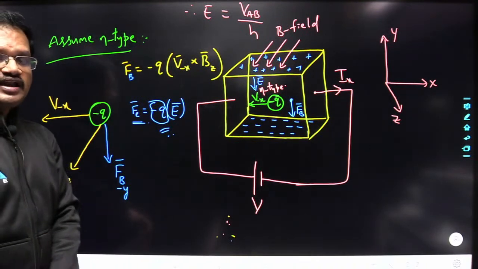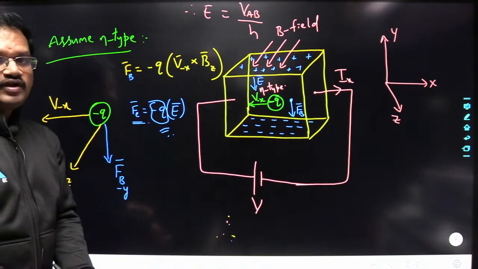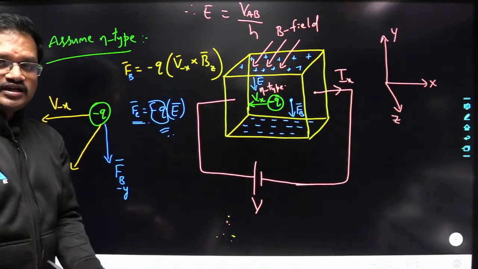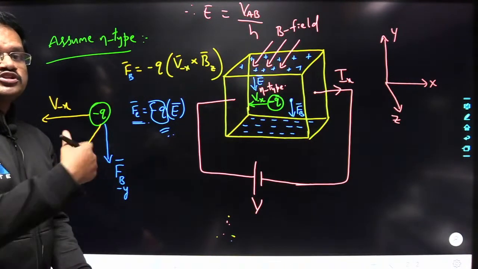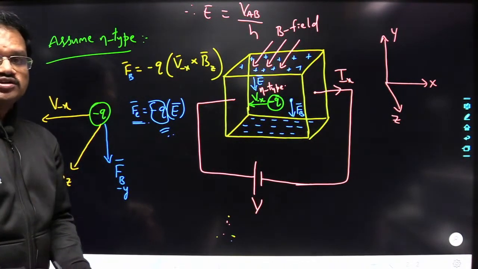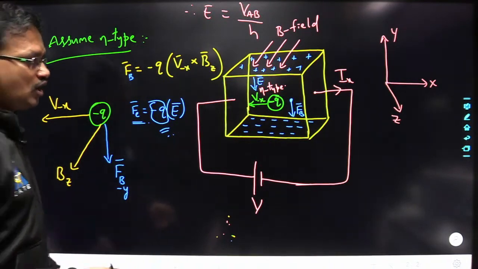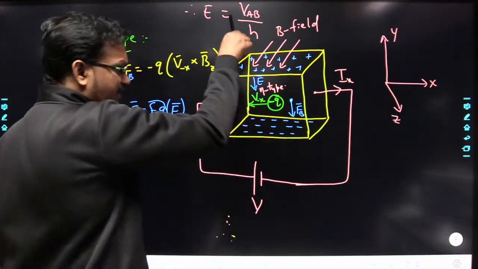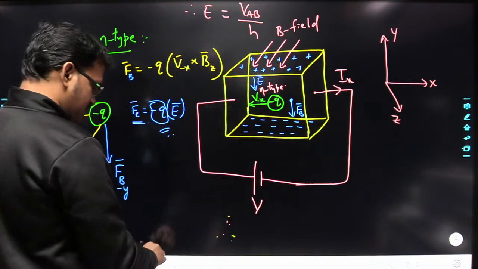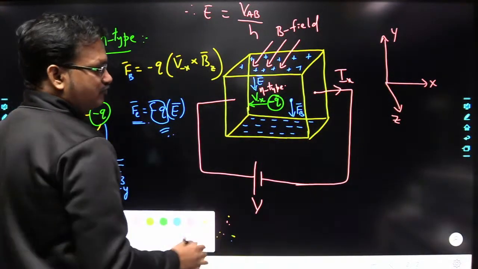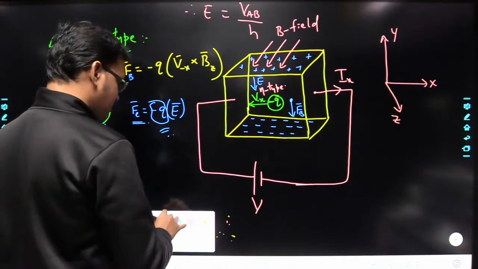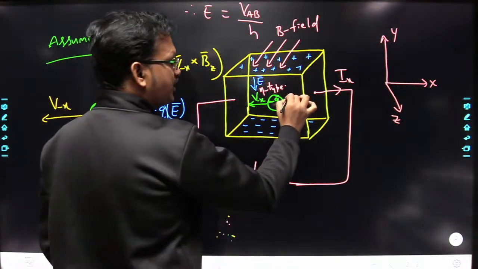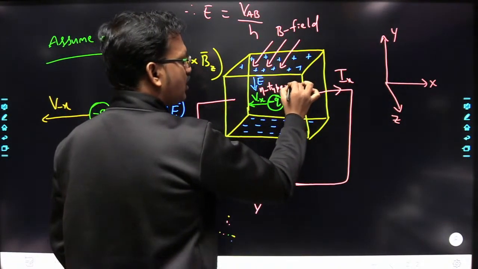Positive charge carriers will experience the force along the direction of electric field, whereas negative charge carriers will experience the force opposite to the direction of electric field. Yes or no? So that means electric field is pointing in downward direction, means electrical force is going to point in which direction? Tell me. Electrical force is going to point in which direction? It is going to point in upward direction.